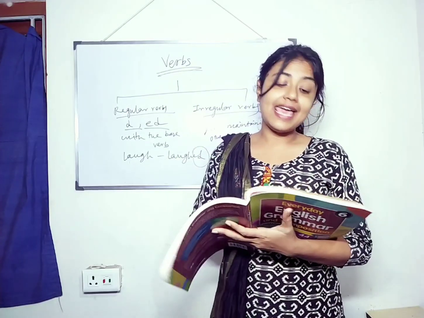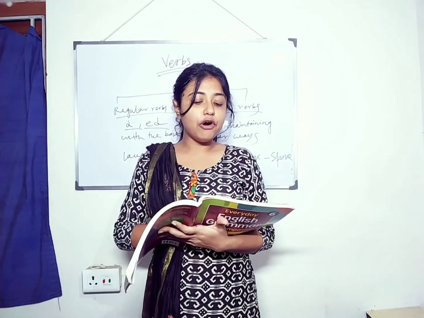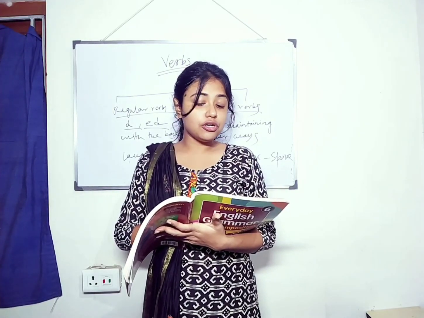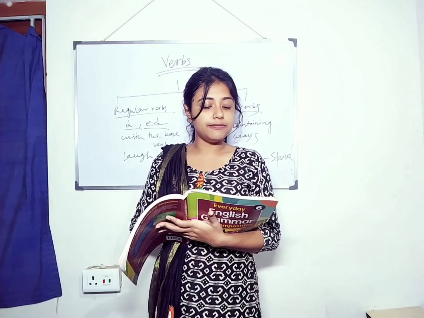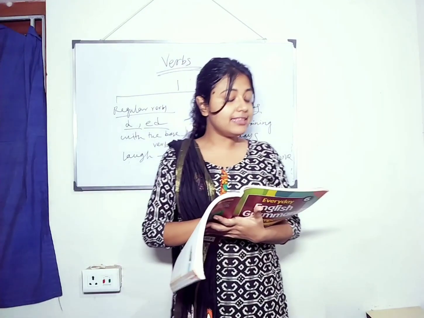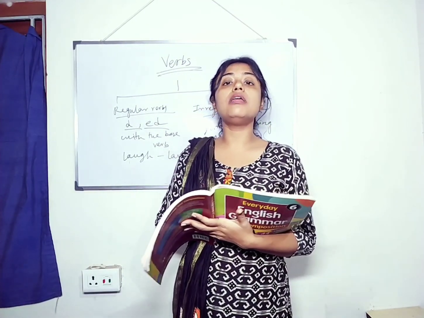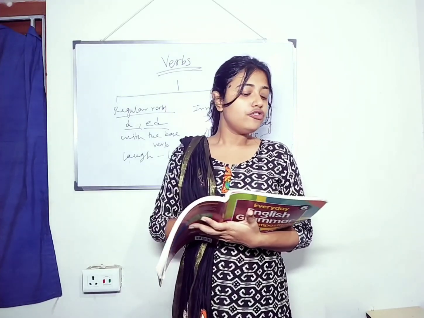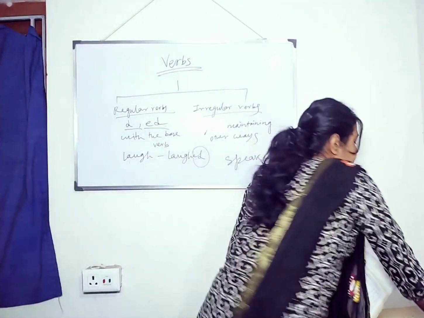There is another exercise. Write the past tense forms of the following verbs and sort them into regular and irregular verbs. So we are asked to write the past forms of the verbs given below, and we have to mention whether they are regular or irregular.